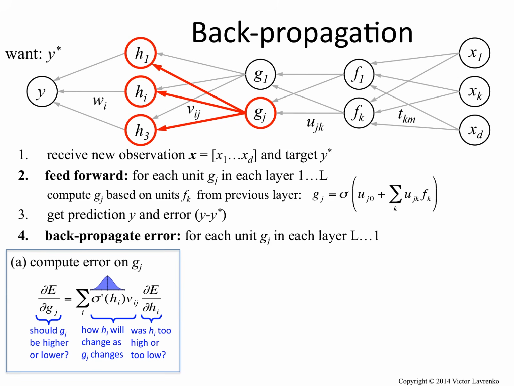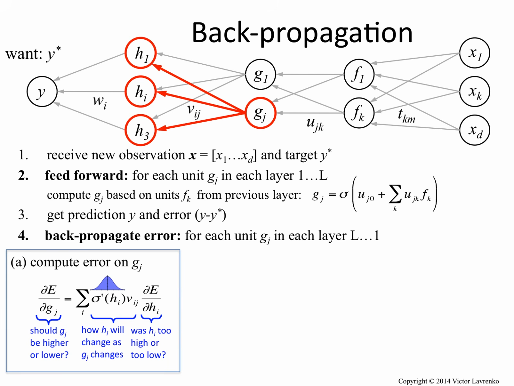So you have a high value around 0. And if H was already very close to 1 or very close to 0, any changes are not going to affect it. So the weights are close to 0. So if you add up over all the nodes H in the hidden layer, you get an estimate of whether G should be higher or lower.